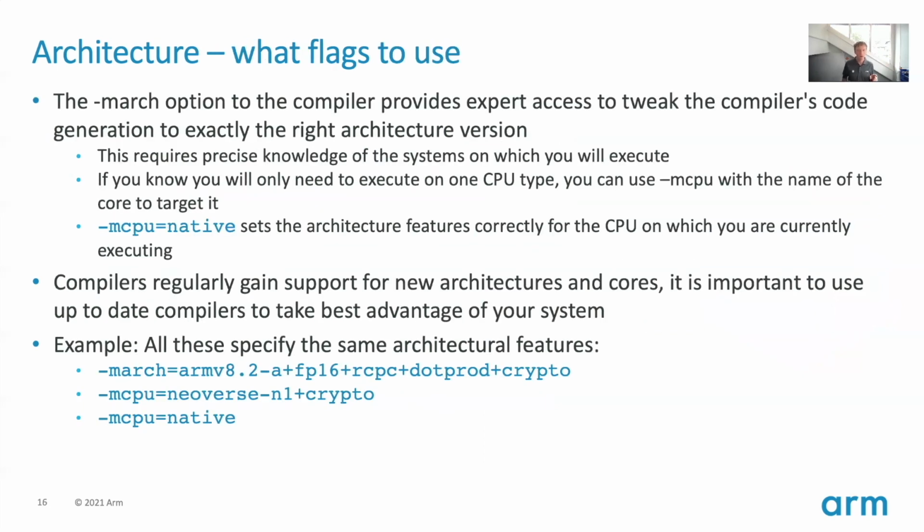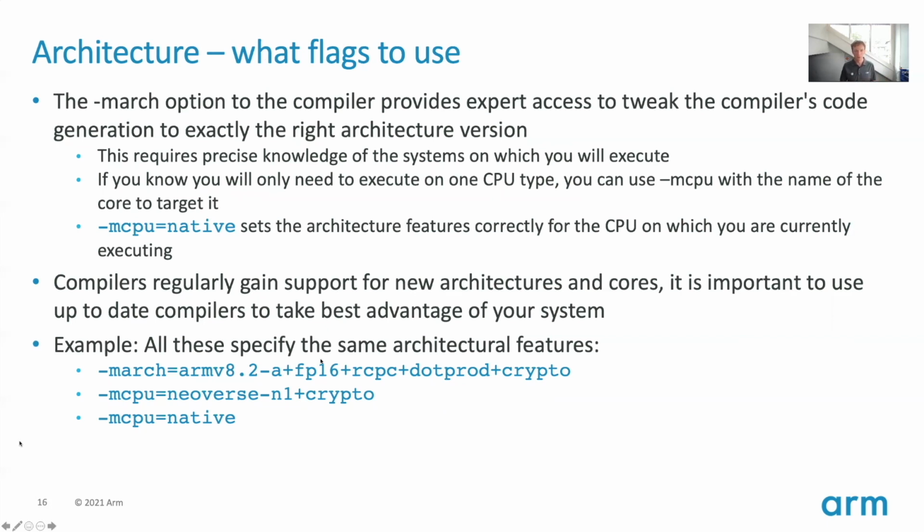Now, because of some of the complexity that I just talked about, you've got our annual ticks, like in the case of the Graviton 2, the base architecture level that it supports is v8.2. So that says that it supports all of the mandatory features of v8.2, and in addition, it happens to support some other extensions.